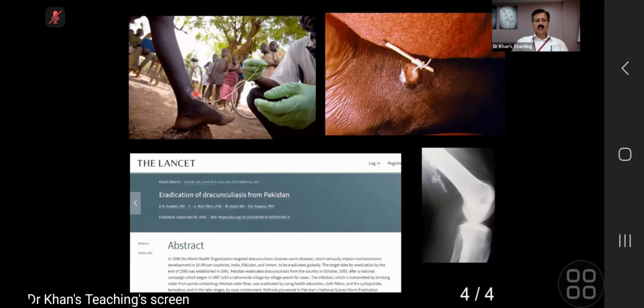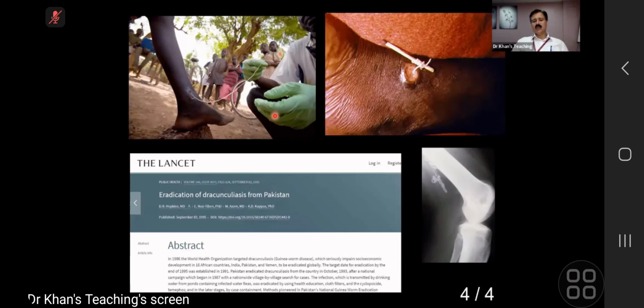What happens is that this worm comes out, and unbelievably, if you pull it, the worm which is inside will remain alive, and it is very painful. So the technique is that you wrap it around a matchstick, and every day you take it out more. It might take you 15-20 days to take it out.